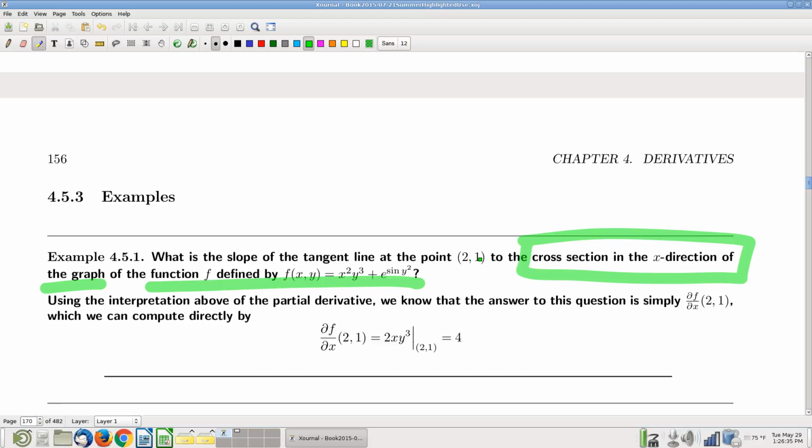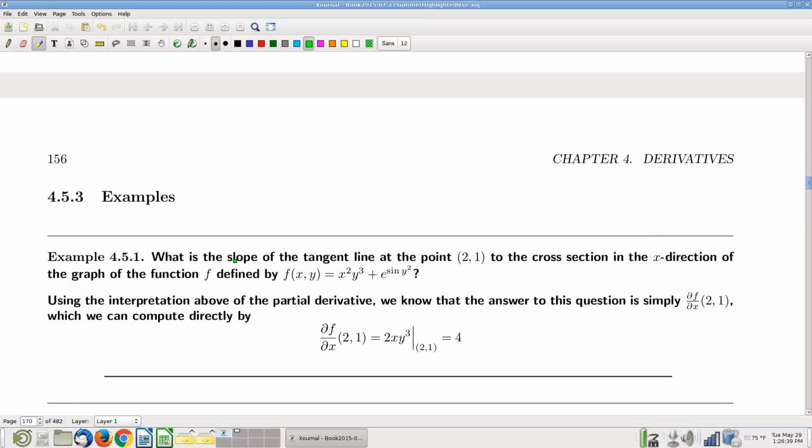Okay, we already know what the answer to this question is. If you are interested in the slope of a tangent line to a cross-section of a graph of a function, there's a lot of language there, right? Just to whittle it down a little bit: slope of a graph. Unit directional derivative. So we know we want to compute the unit directional derivative here.